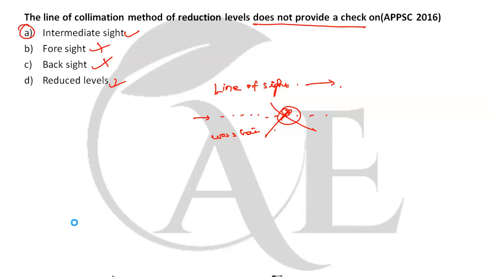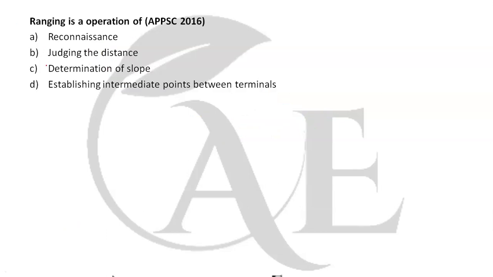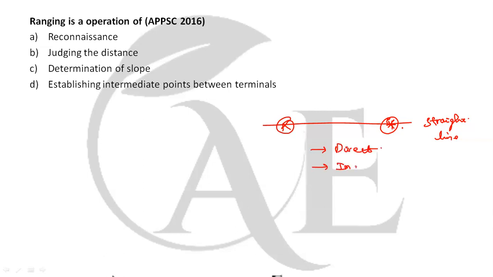Next question. Ranging is an operation, a process of establishing intermediate points on a straight line. There are two types of ranging: direct ranging, and indirect or reciprocal ranging.